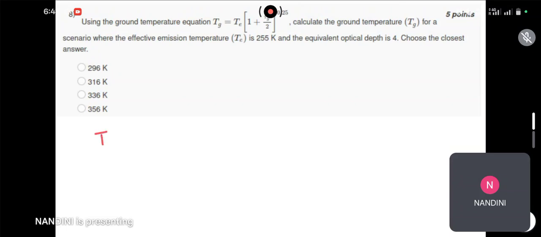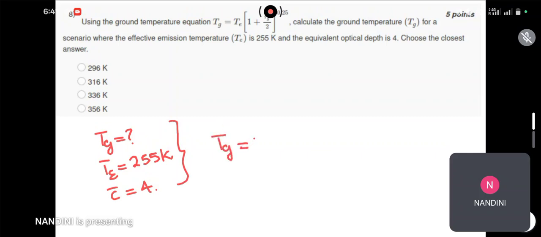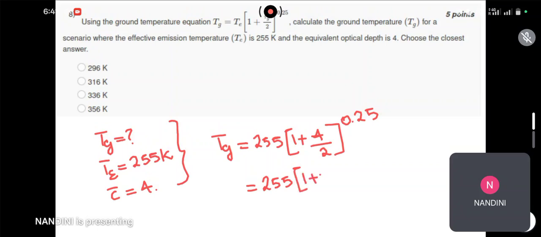In the question, we need to find Tg, and the emission temperature is given as 255 Kelvin, and the equivalent optical depth is tau equal to 4. From the equation we can write Tg is equal to 255 into (1 plus 4 by 2), the whole raised to 0.25, which is 255 into (1 plus 2), the whole raised to 0.25.